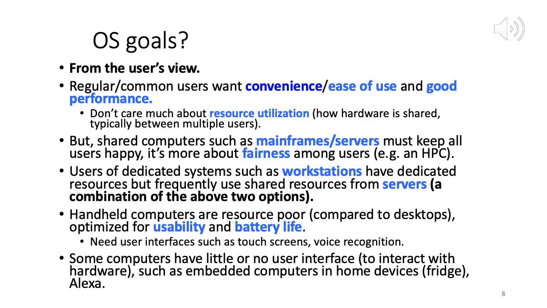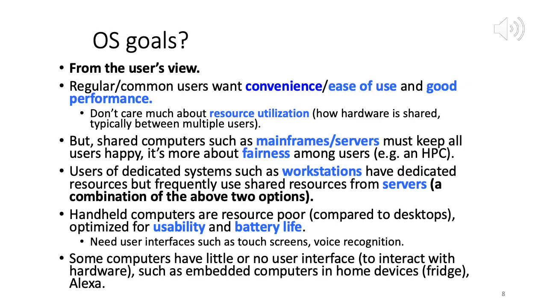The interaction with the hardware, the operating system should make it as easy as possible, right? So we definitely want that, and we also want good performance. So which essentially means that our programs should make good progress. Whenever we are running any program on the computer hardware, the program should be executed efficiently, as quickly as possible.